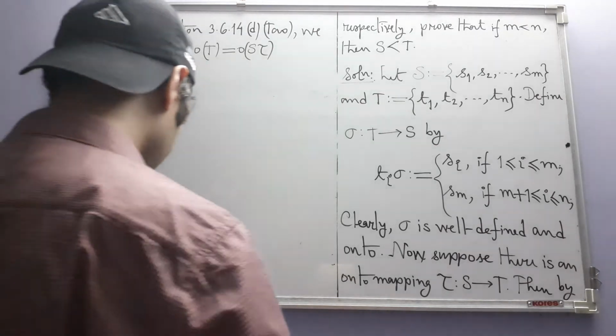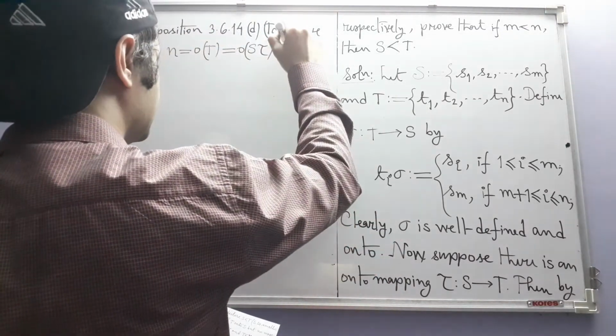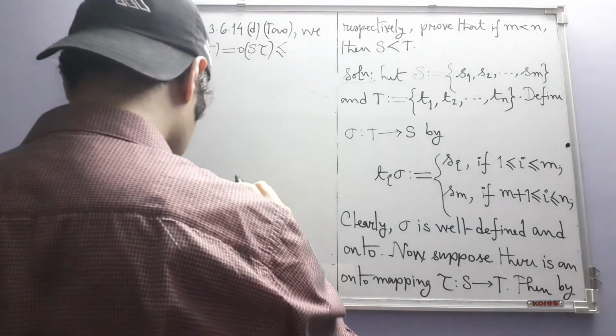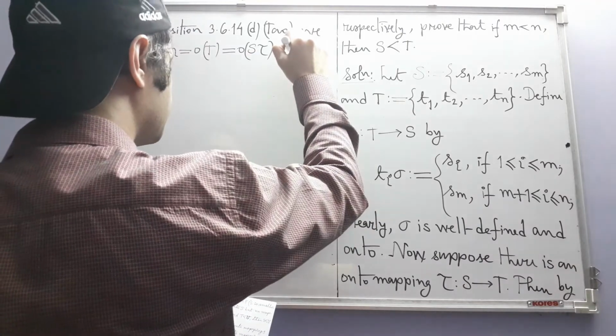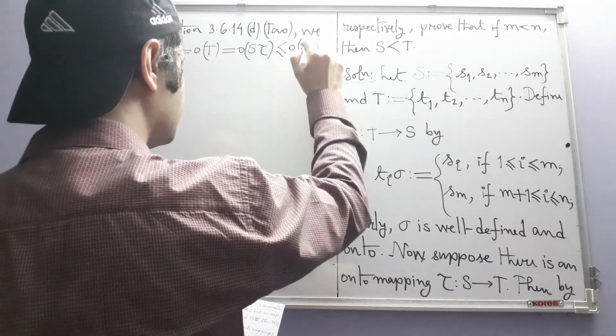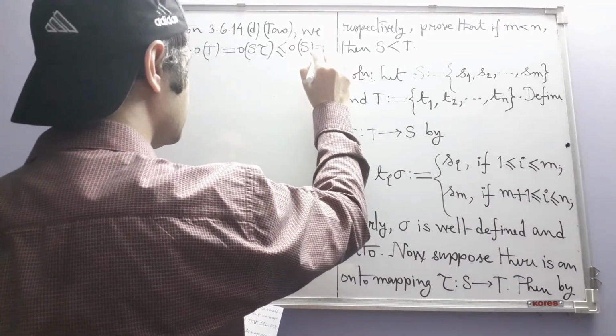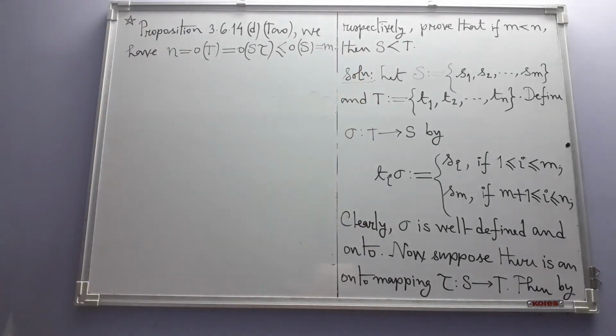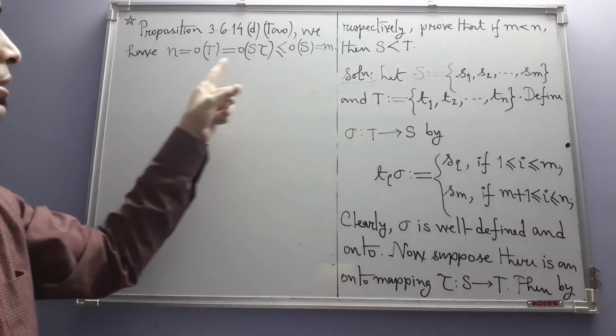However, now here I am going to write an inequality. This comes from this proposition. This is less than or equal to the number of elements in S, which is M. And you see that we have got a direct contradiction to our hypothesis.